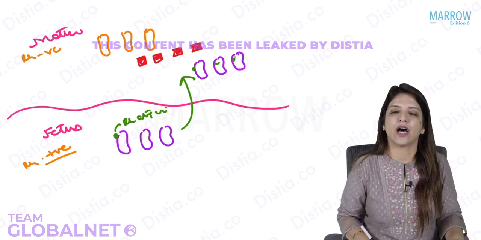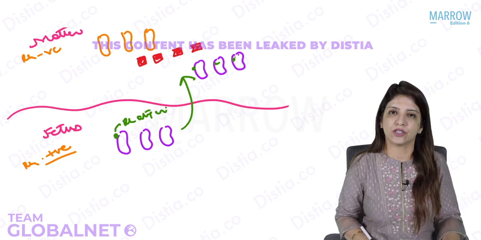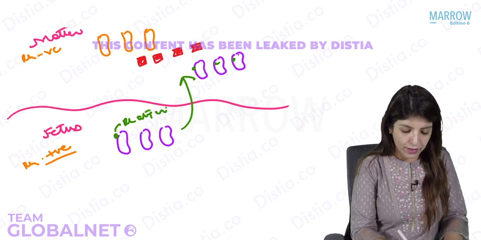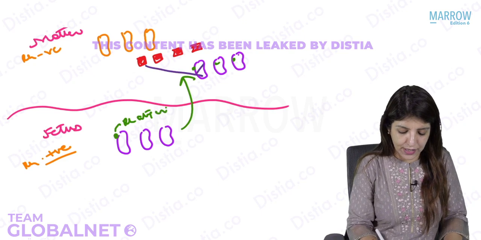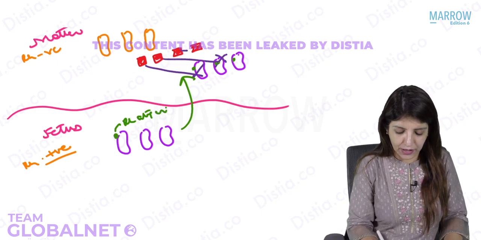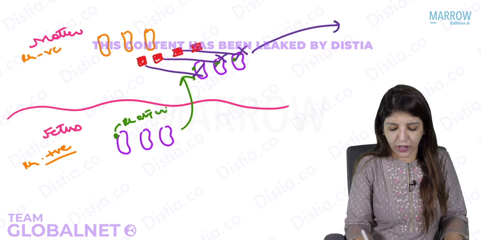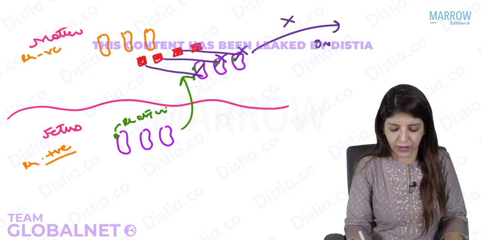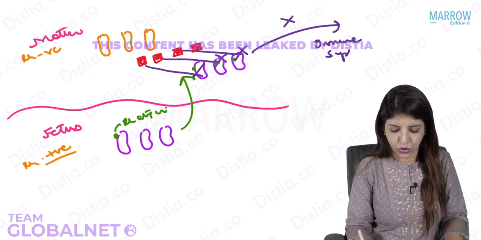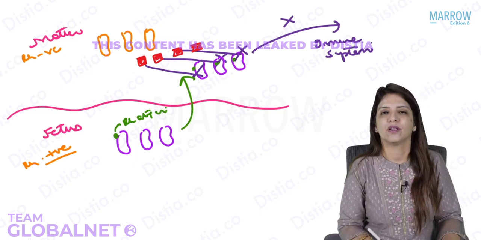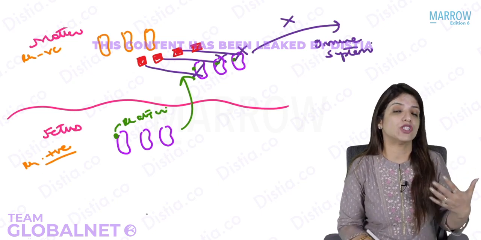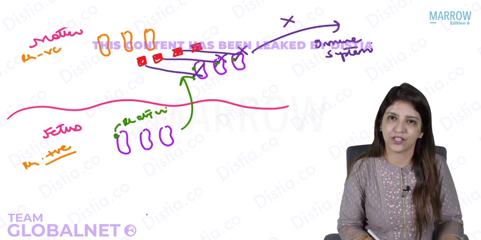So when fetal RBCs with Rh antigen enter the mother's circulation, this policeman destroys these RBCs before they could stimulate the mother's immune system to produce anti-D, right? To produce antibodies against Rh antigens.